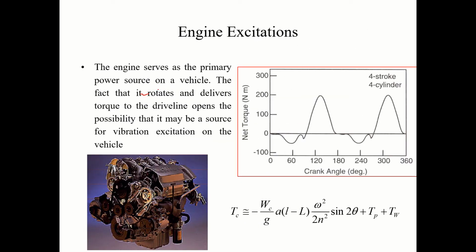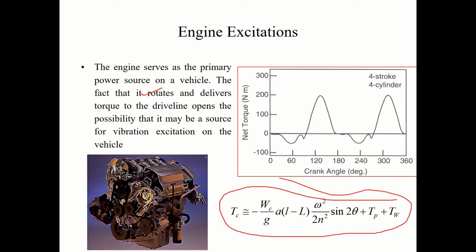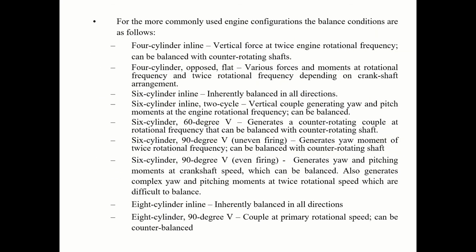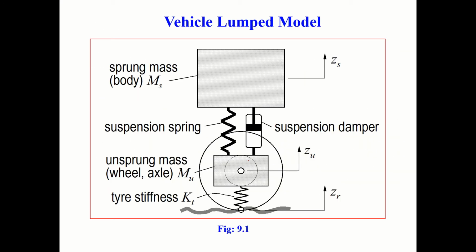Similarly, torque developed by this will not be uniform. That's why we go for multi-cylinder engines. A perfectly balanced engine may not create a lot of excitation; if the engine is not perfectly balanced, then we will get torque variation. So these are all the excitation forces that act on a vehicle.